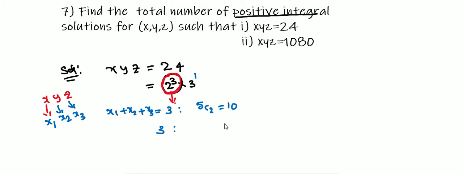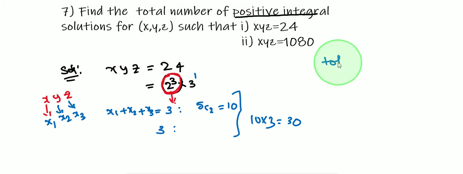Suppose instead of positive integral solutions, the question asks for total integral solutions of xyz equal to 24. You observe that the positive integral solution count is 30. The product of three terms is equal to plus 24.